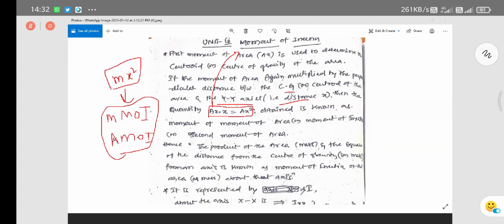Okay. So how to calculate? We know the applications of where we are going to apply this moment of inertia, and what exactly moment of inertia means mathematically we have known up to now. But see here, how do we actually find the moment of inertia for plane geometry figures like rectangle, triangle, square, circle, ellipse?